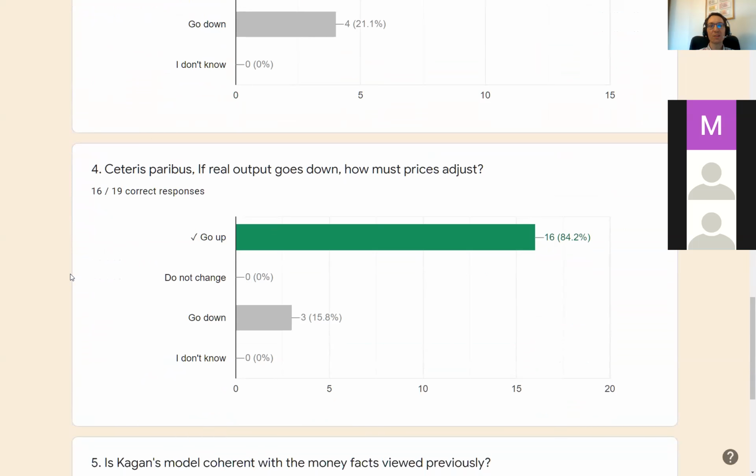Is Kagan model coherent with the money facts viewed previously? Excuse me, could you explain why if real output goes down, then nominal output should remain the same, please?